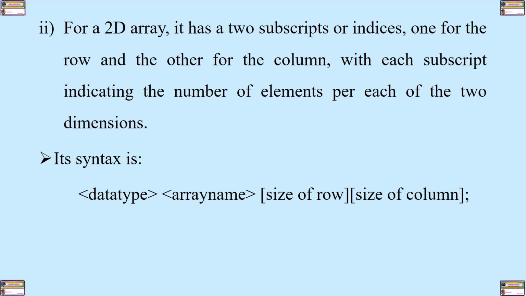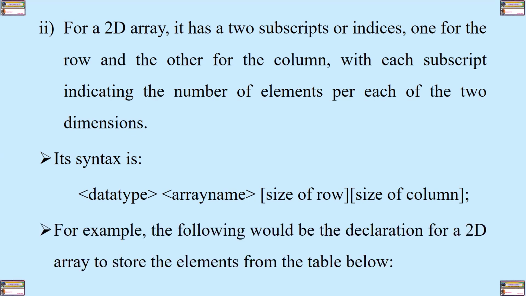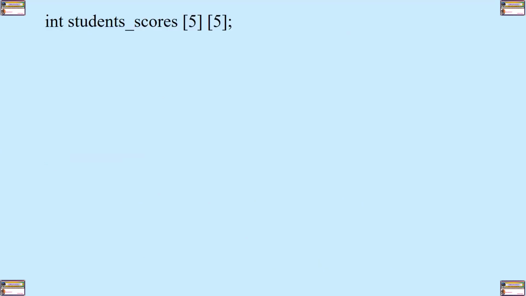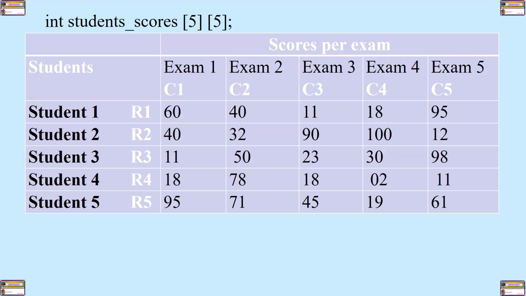And for each, there is the size of that dimension, the size of the row or the size of the column in our case. For example, the following would be the declaration for a 2-dimensional array to store the elements from the table below. So if this is our table and you have the data with you, how do you know how to declare it? First, look at the data that is going to be stored.